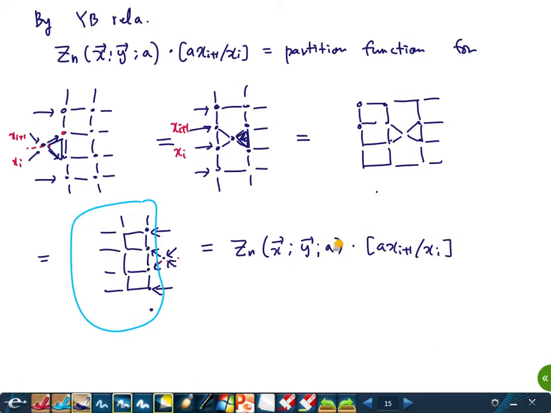Oh, wait, this is not correct. Because now xi plus 1, xi plus I are fixed, switch it. Here with xi, exchange it. So you can cancel these two things, and we just obtain that this is equal to this, which is kind of amazing. We introduce a new variable, a new vertex, and you move around this vertex, and then at the end, this is kind of magic, right?